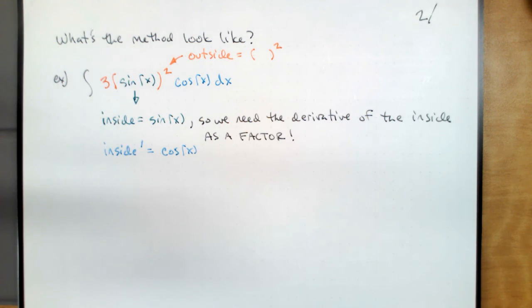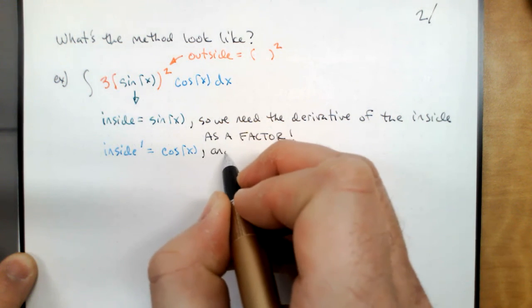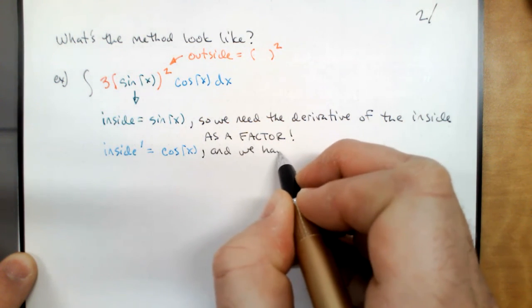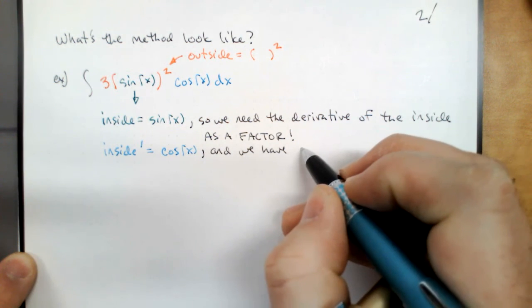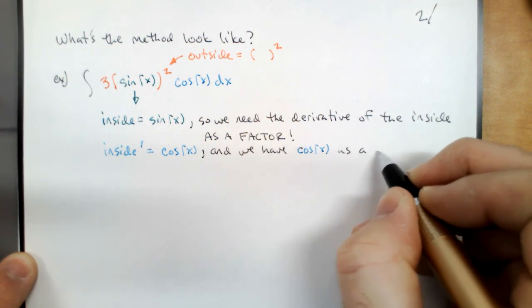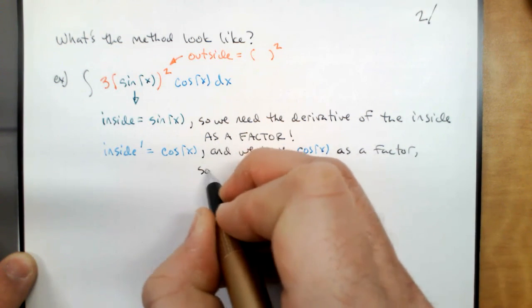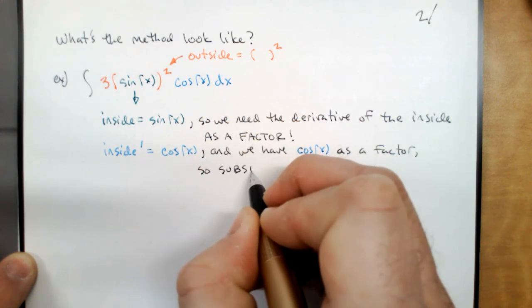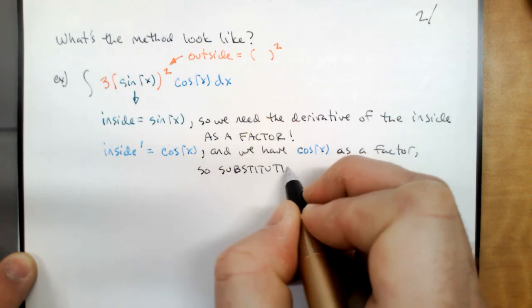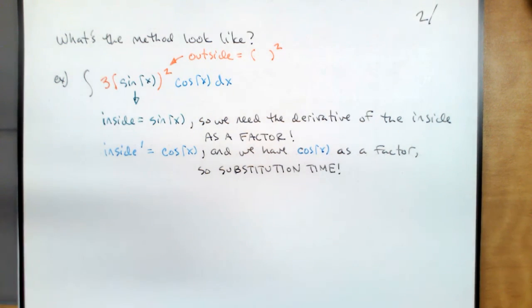This is a substitution problem. We have cosine x as a factor, so it is substitution time.